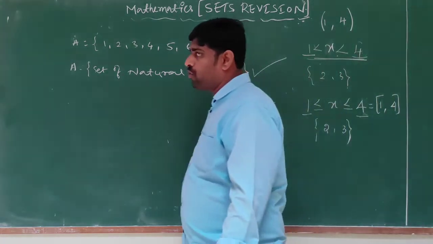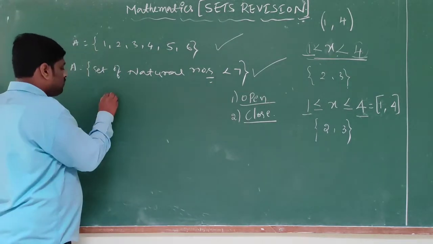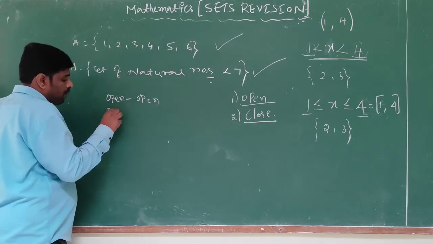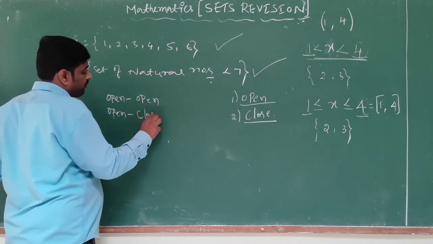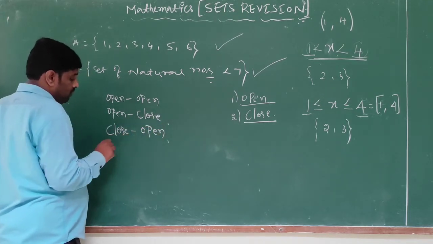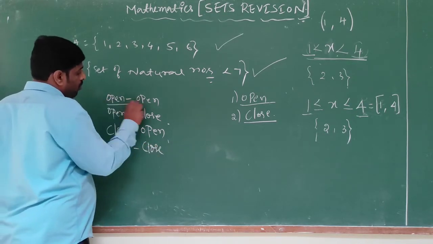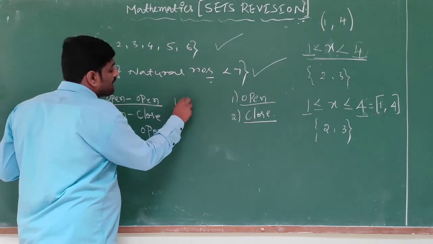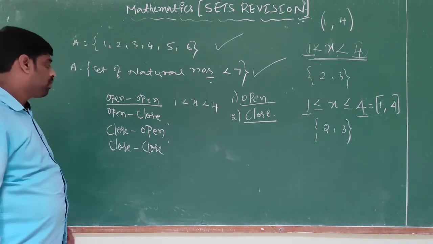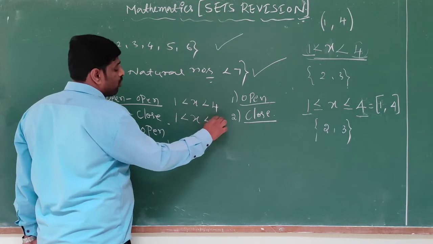In intervals there are four forms. One is open-open, open-close, close-open, close-close. Open-open means 1 less than x less than 4. Open-close means 1 less than x less than or equal to 4.